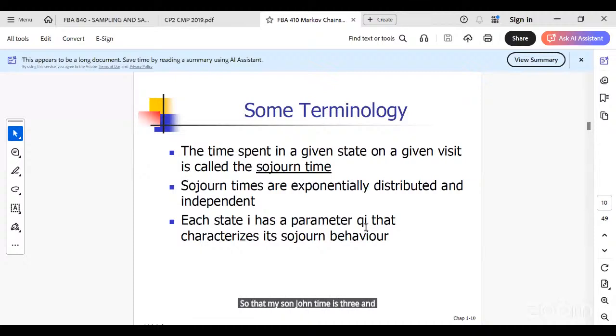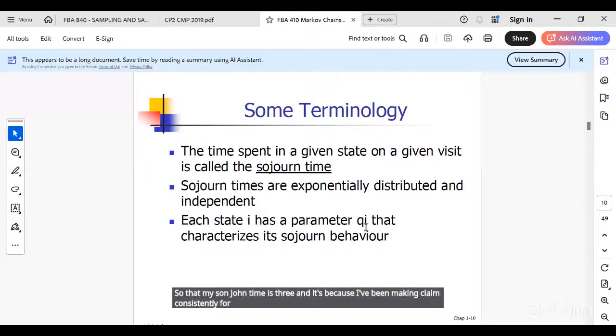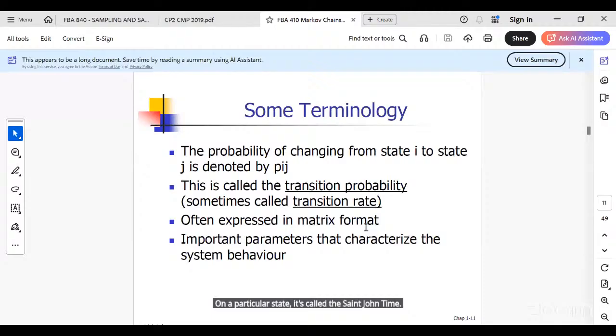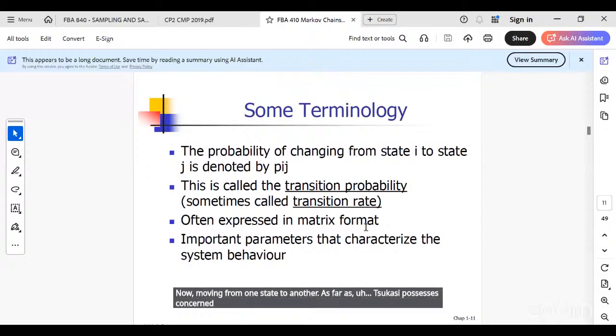And it's because I've been making claims consistently for 3 years. So the time that a process stays in a particular state is called the sojourn time. Now, moving from one state to another, as far as a stochastic process is concerned, is called transition.